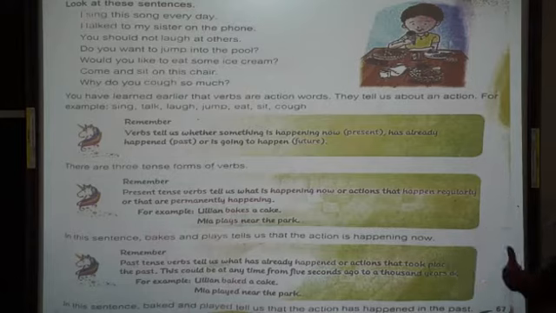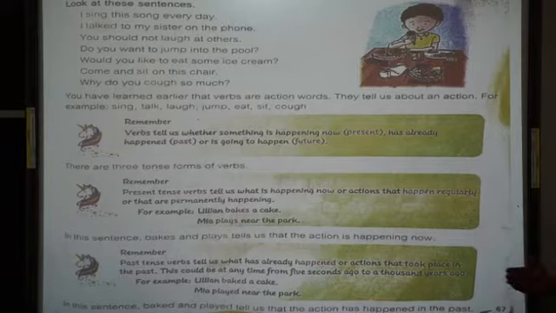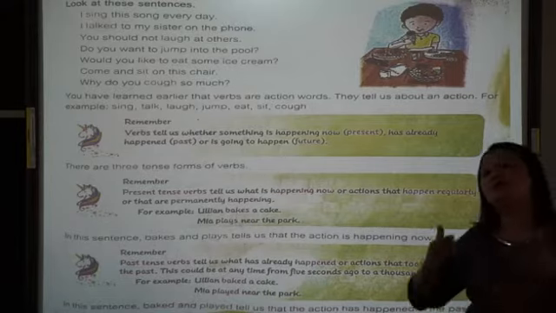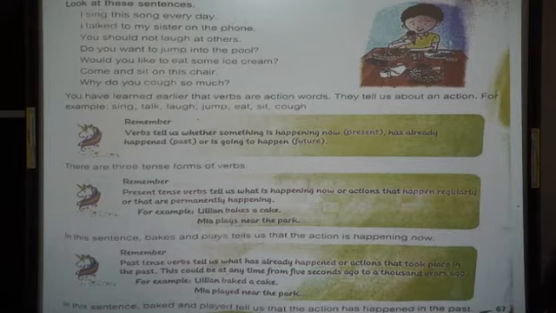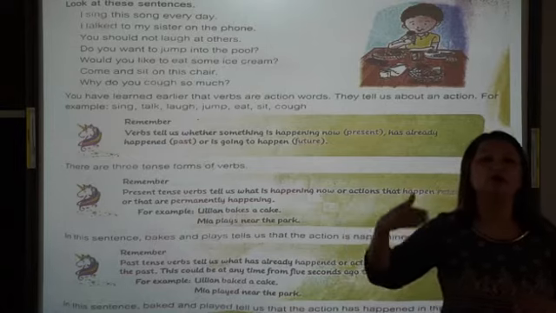This could be at any time from 5 seconds or thousands of years ago. So past tense verbs tell us what has already happened or an action that took place in the past. This could be at any time from 5 seconds ago to 1,000 years ago.